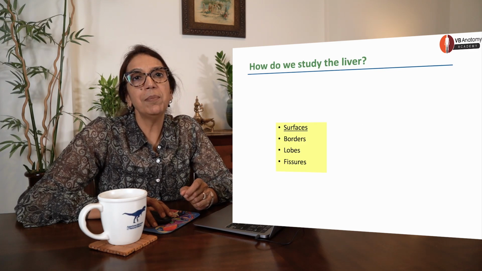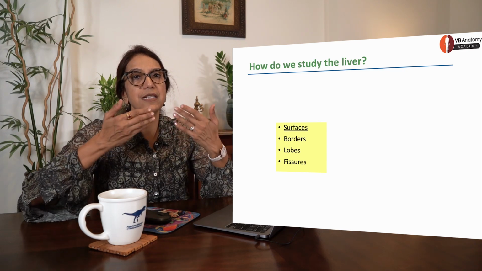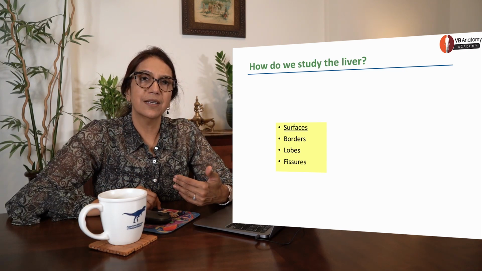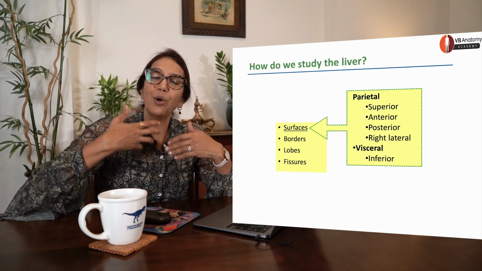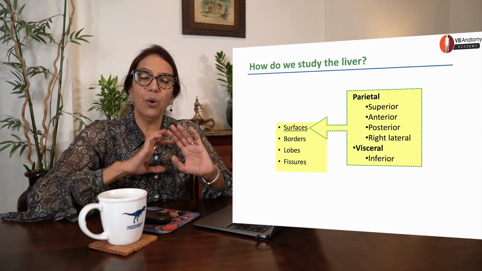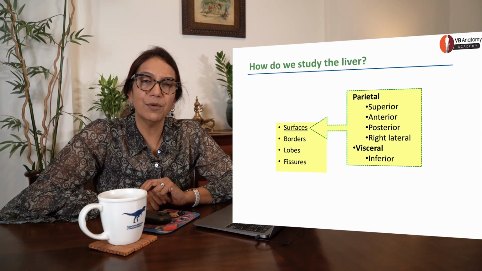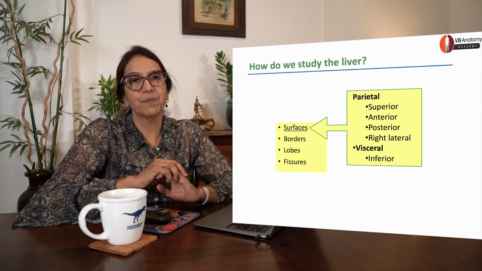Right. So how do I plan to teach you liver? Liver is always studied as surfaces, borders, lobes and fissures. So I'm going to teach you surfaces and everything else will be taught along the surfaces. It becomes much easier that way. Remember, all these surfaces that you see in the liver can be basically divided into parietal and visceral.